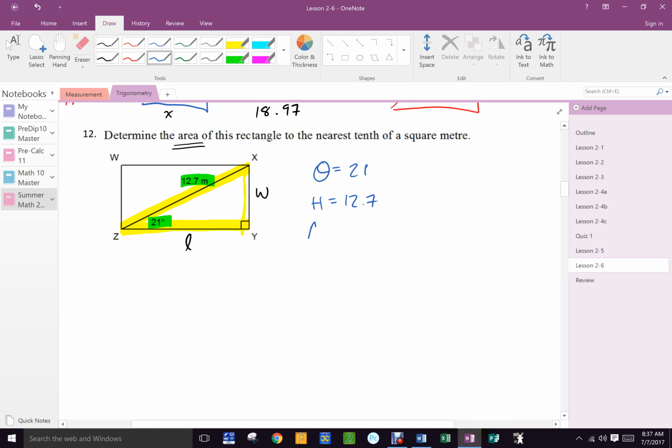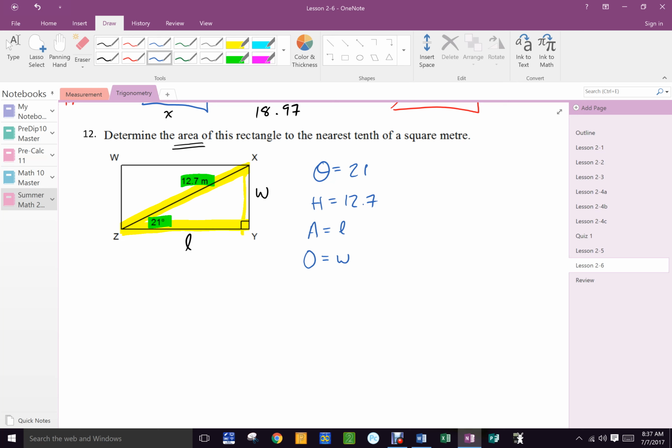I need an adjacent, which equals L, and I need an opposite, which equals W. Does it matter which one I do first? No. What's the only trig thing I cannot do right now? I can't do tan. Why? Because I have no opposite or adjacent, right?